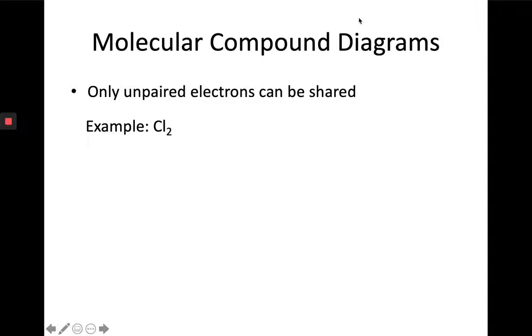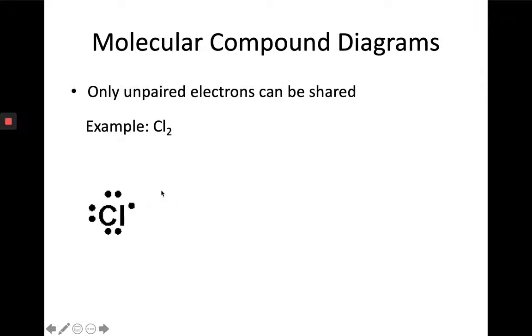Let's look at chlorine. Chlorine is one of our diatomic elements, so it likes to hang around in pairs. Let's have a look at how these electrons are shared. If we draw a chlorine Lewis diagram, we have 6 paired electrons and 1 electron here that can be shared.